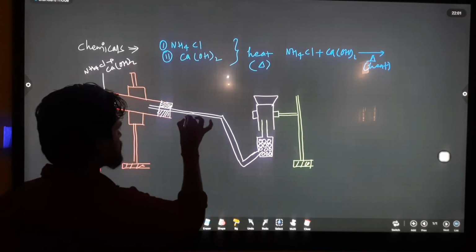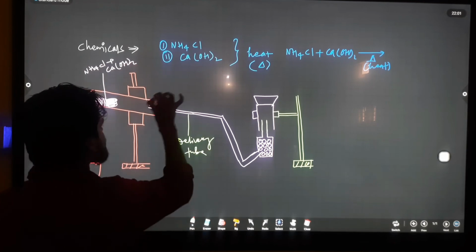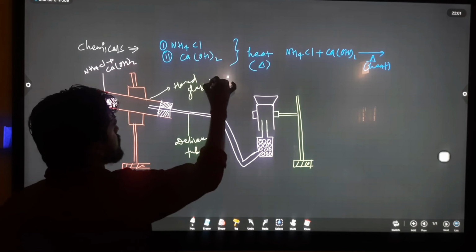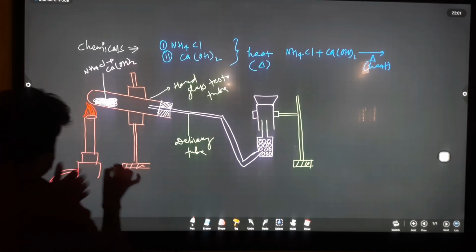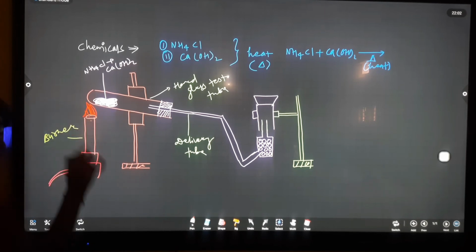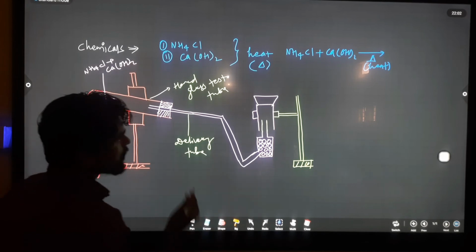So what is this? This is called the delivery tube. These are the apparatus. This is the hard glass test tube. This is the cork. This is the Bunsen burner. And next, the delivery tube.